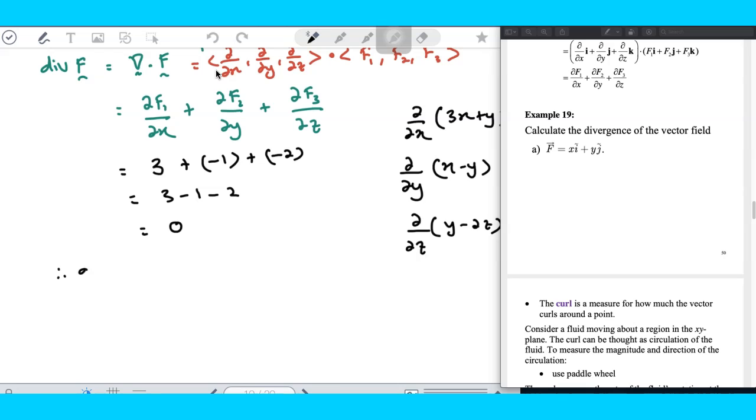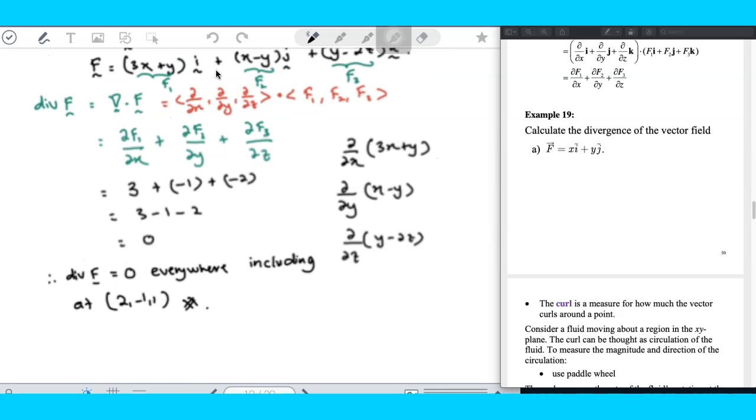Therefore the divergence of f is equal to 0 everywhere, for any x, y, and z, including the point given, which is at (2, -1, 1).